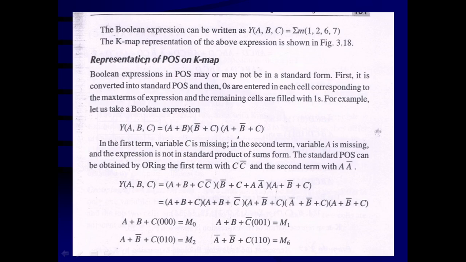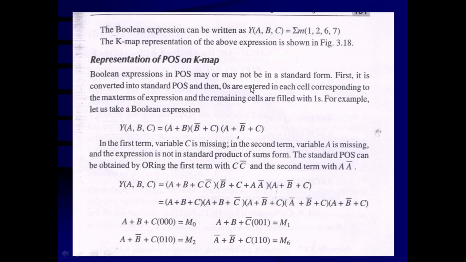Similarly, the representation of product of sums on a Karnaugh map is just opposite to the previous one. The Boolean expression in product of sums may or may not be in a standard form. First, it is converted into the standard product of sums form, and then zeros are entered.